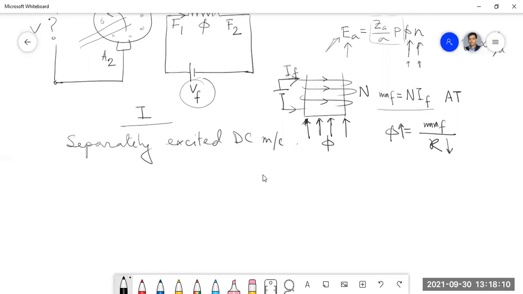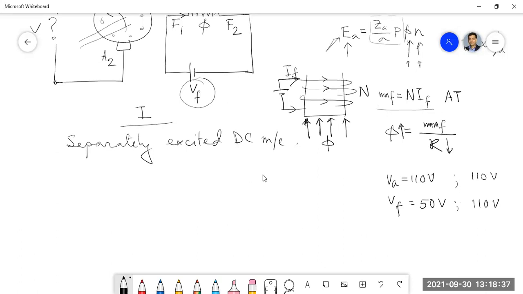Suppose the machine which I have bought from the market has a rated armature voltage of 110 volts, but the rated voltage for the field is 50 volts. Then we can't do that. If both voltages are 110 volts, then we can try that, because the voltage rating is an important thing.